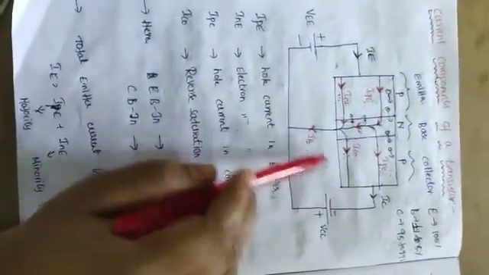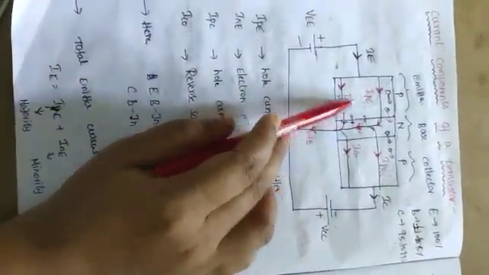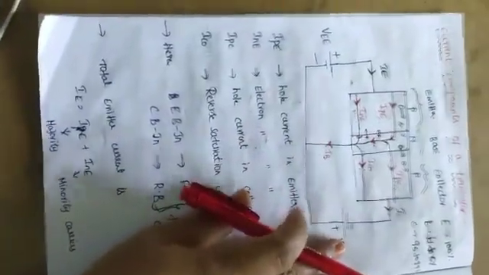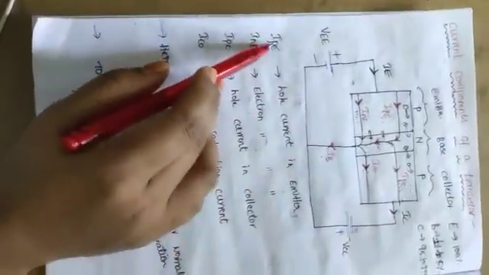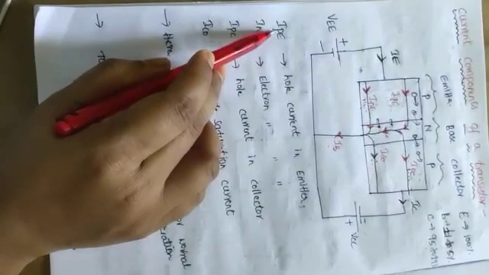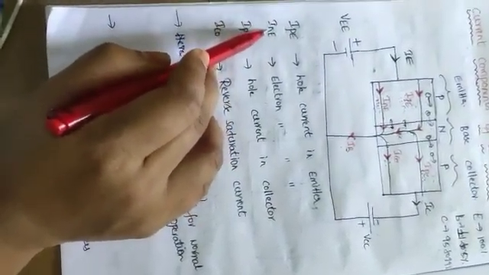In addition, there are other currents present in each region: emitter, base and collector. The suffix P indicates hole current and the suffix N indicates electron current.